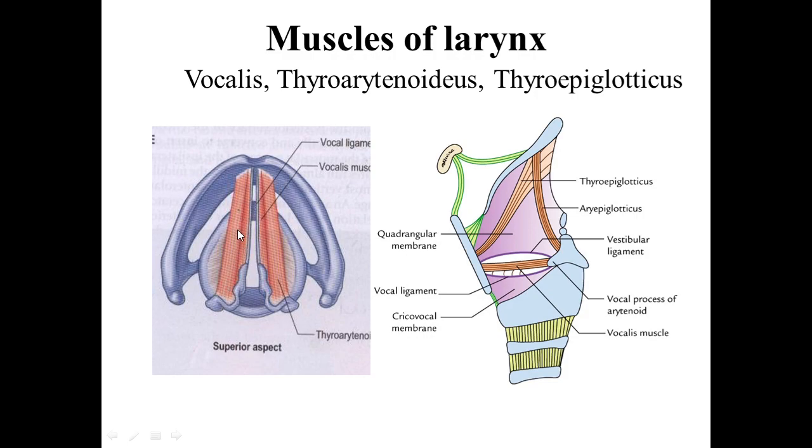And then thyroepiglotticus, which extends from the thyroid angle to the epiglottis. So vocalis, thyroarytenoideus and thyroepiglotticus.